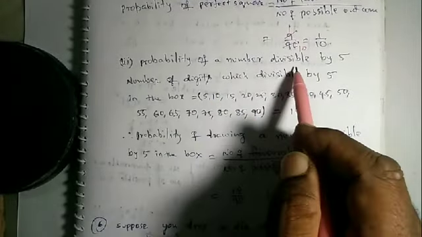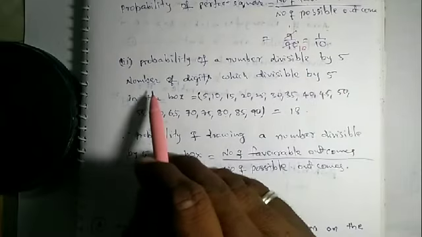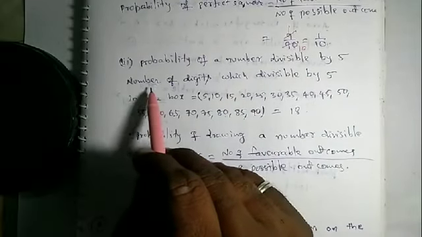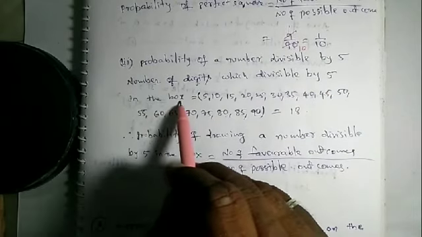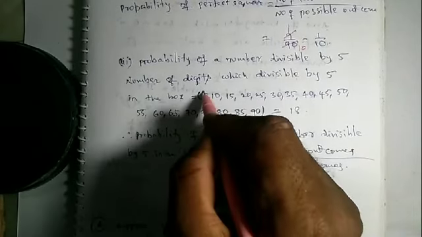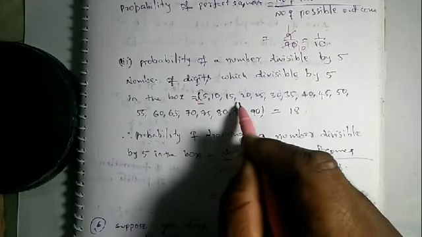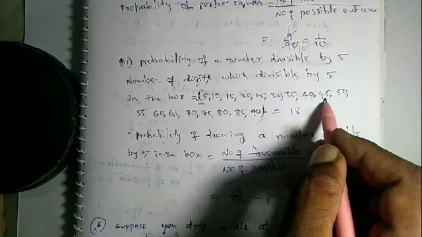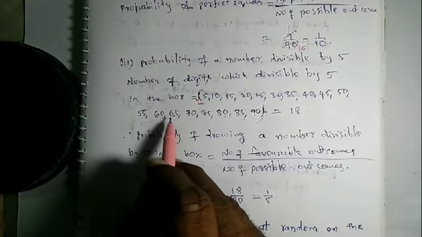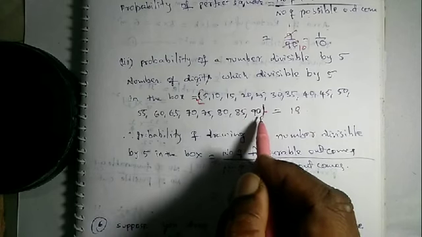Probability of a number divisible by 5. The numbers which are divisible by 5 in the box are 5, 10, 15, 20, 25, 30, 35, 40, 45, 50, 55, 60, 65, 70, 75, 80, 85 and 90.